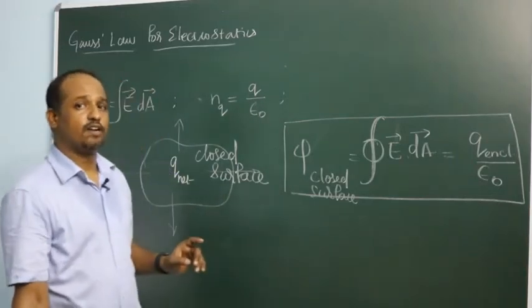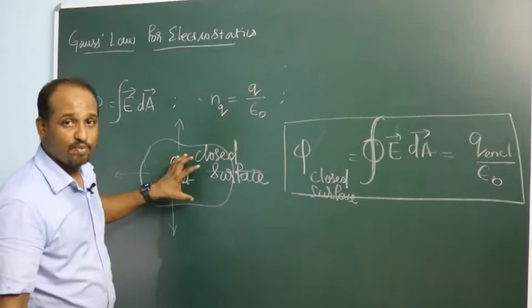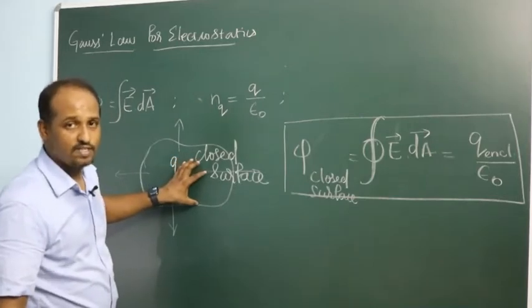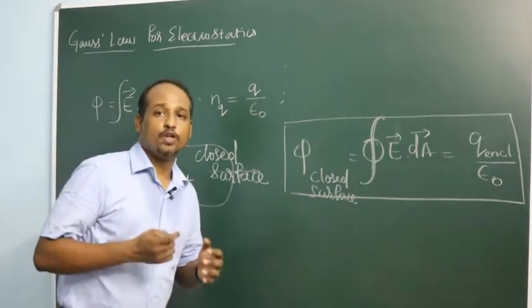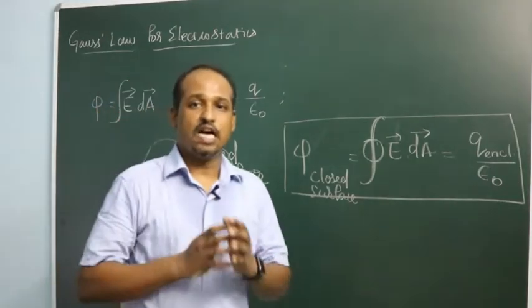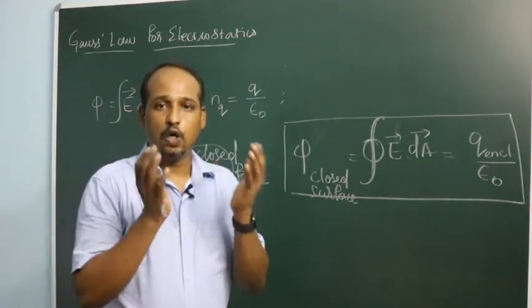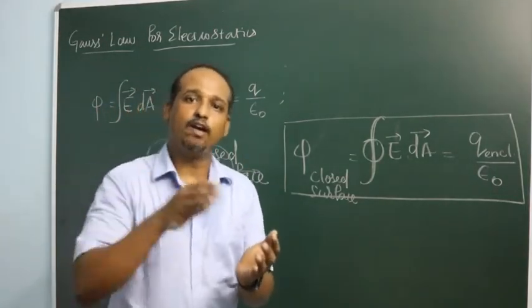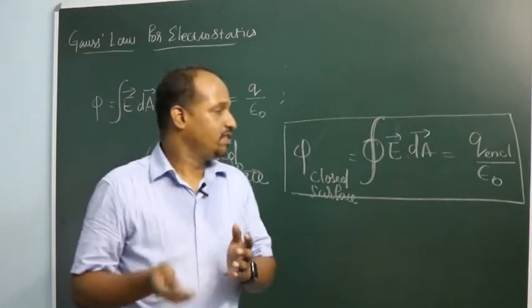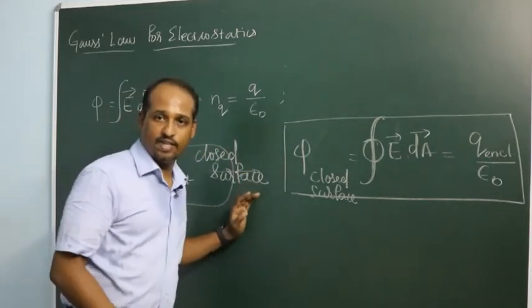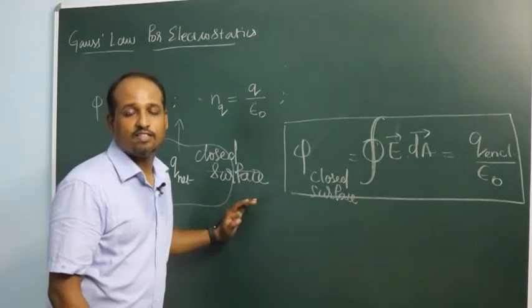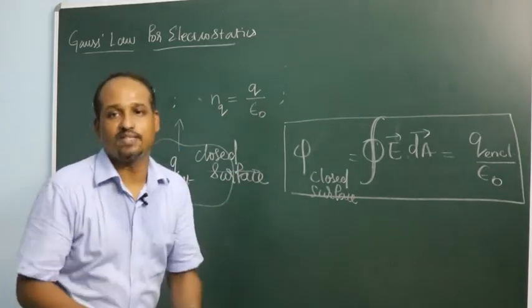Since Gauss law is applicable only for a closed surface, depending on the problem, you will have to assume a hypothetical closed surface to apply Gauss law. This closed surface is hypothetical. It's not necessary that it has to be present.